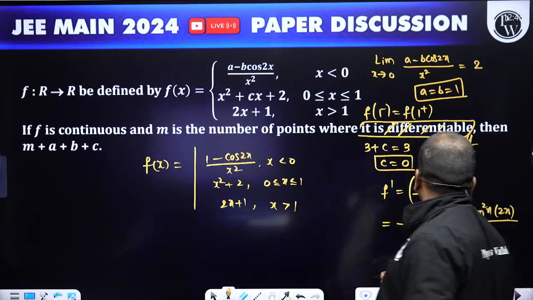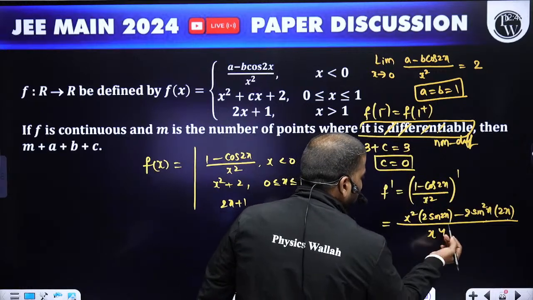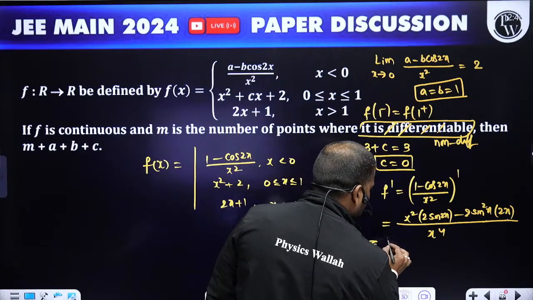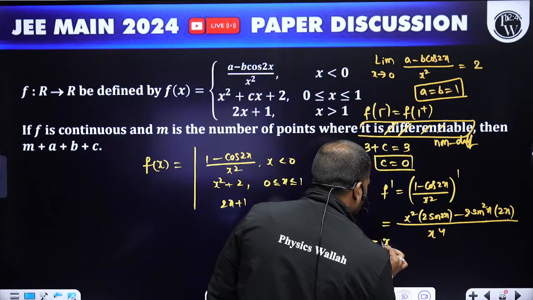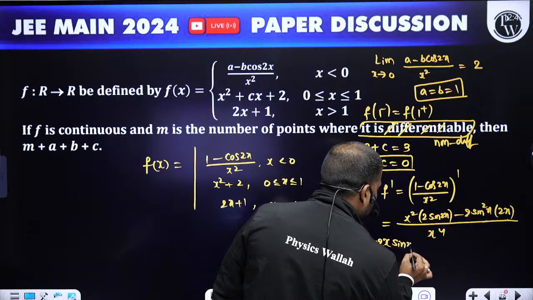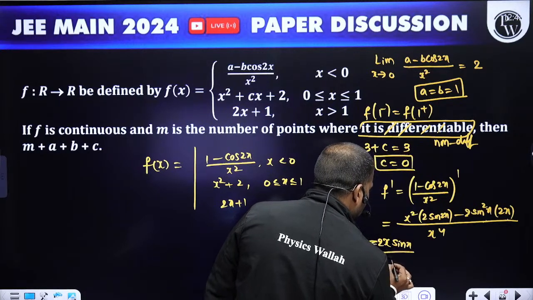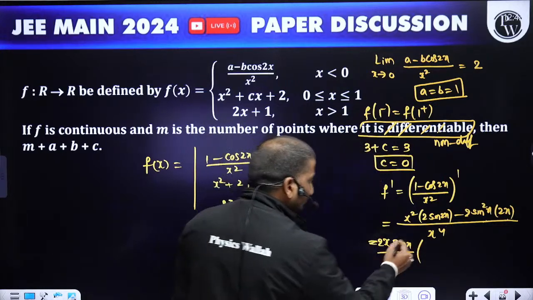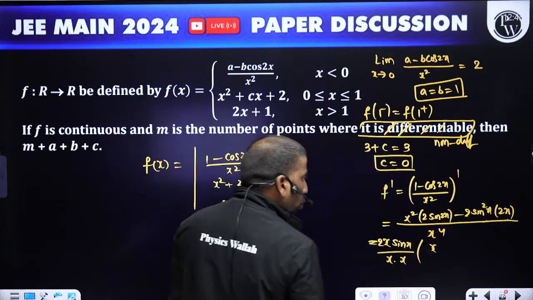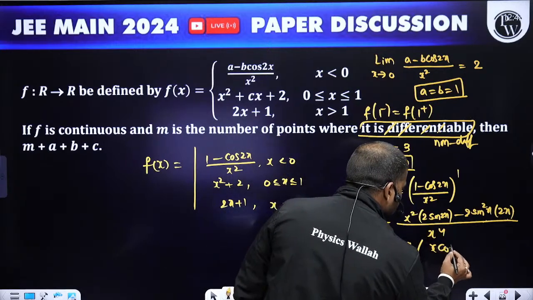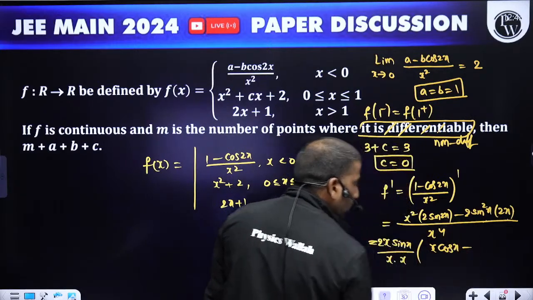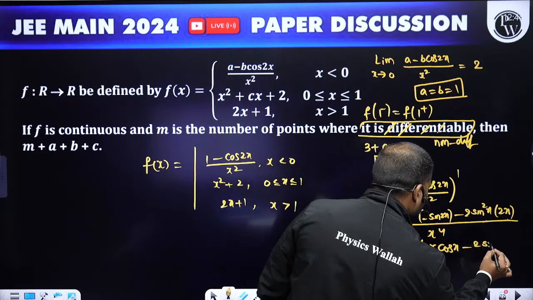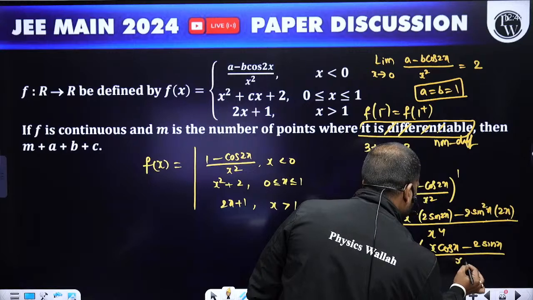Just to simplify this, 2x sin x common. This is x and x. What is the remaining? 2x I have taken common, x cos x this is, minus, what about here? 2x sin x taken common, so the remaining is 2 sin x by x square.